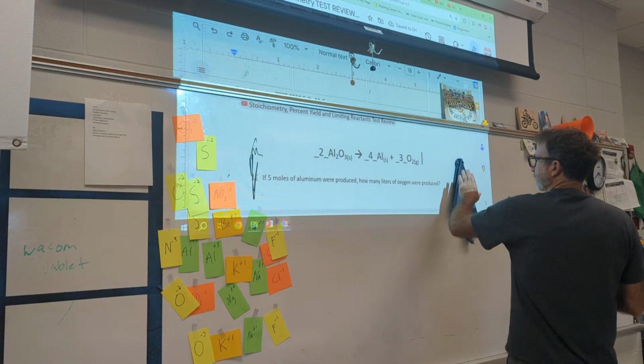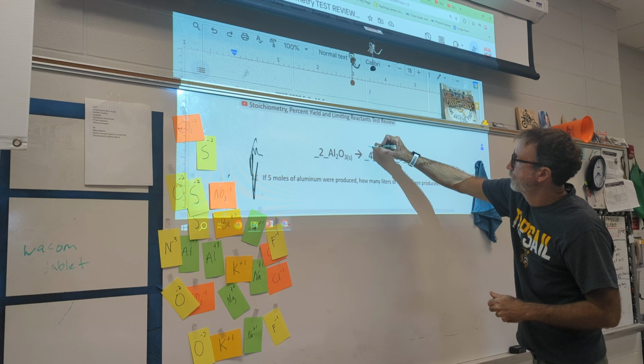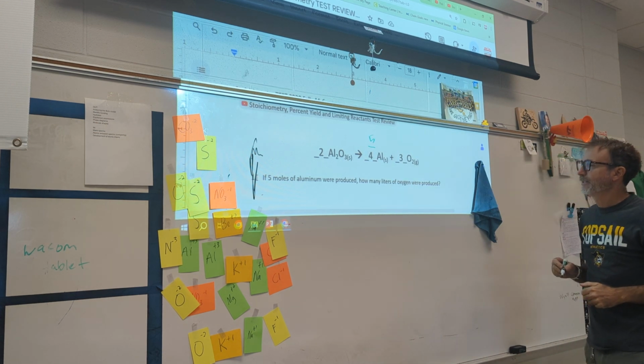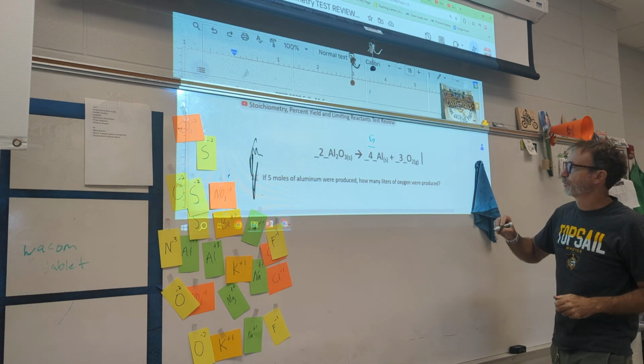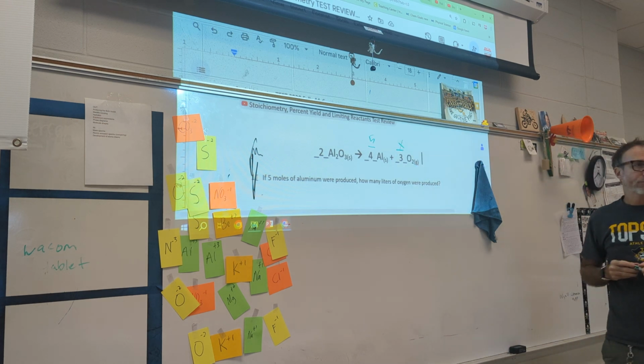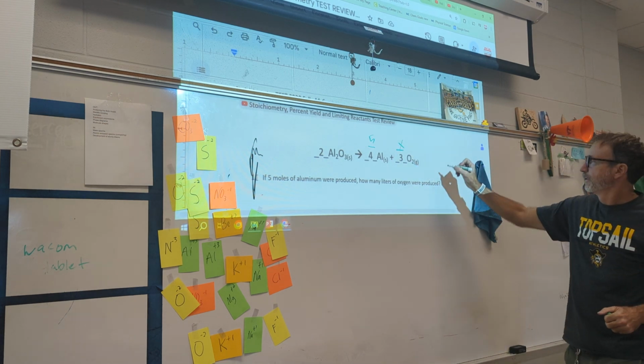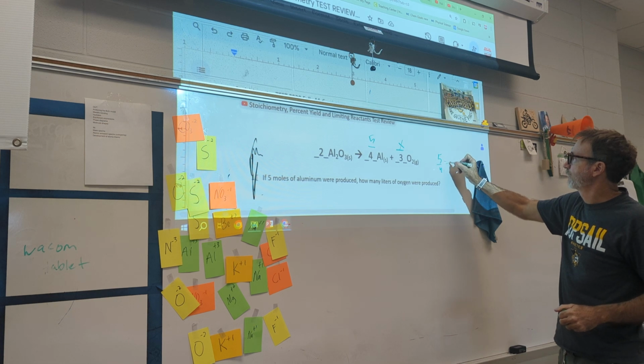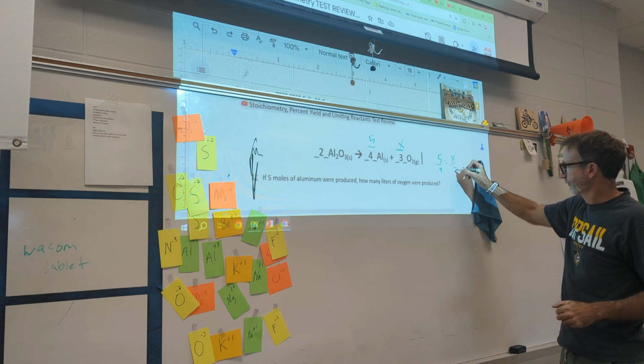If 5 moles of aluminum were produced, we made 5 of that. How many liters of oxygen were produced? All right. First, we got to solve for moles. 5 over 4 equals x over 3.